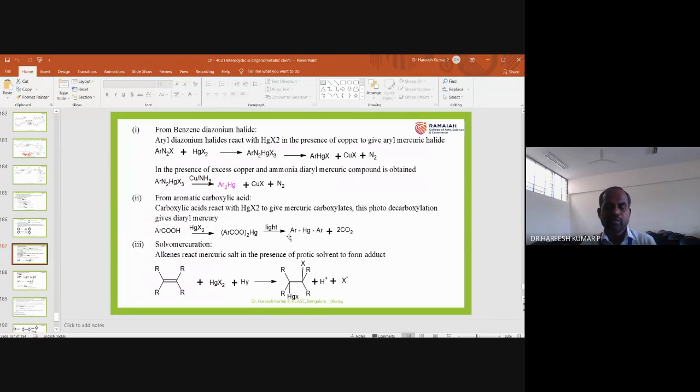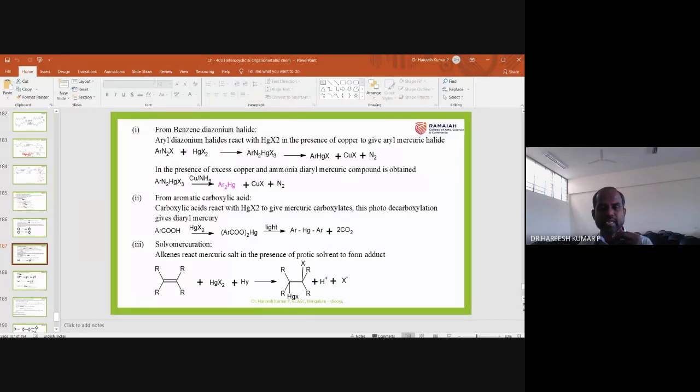Now I am using one terminology called solvomercuration. Here solvo means solvent, and mercuration means Hg is added to the substrate. So solvomercuration means mercury as well as the solvent is added to the substrate.